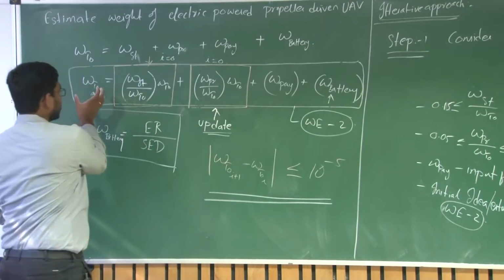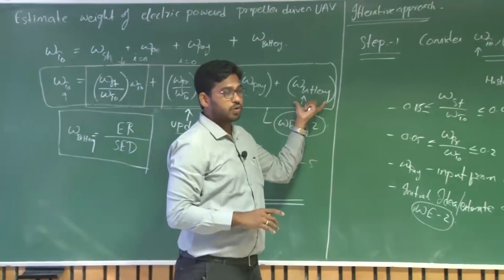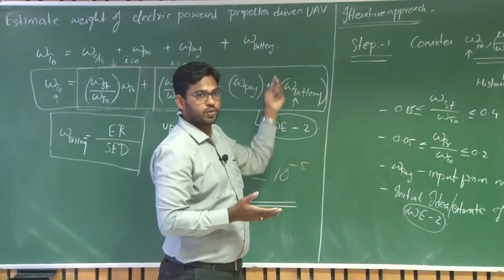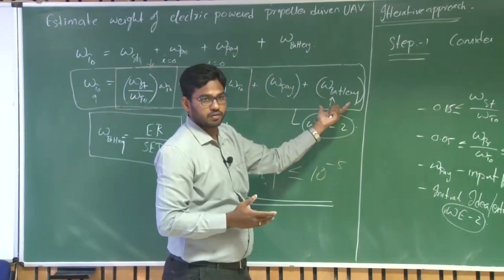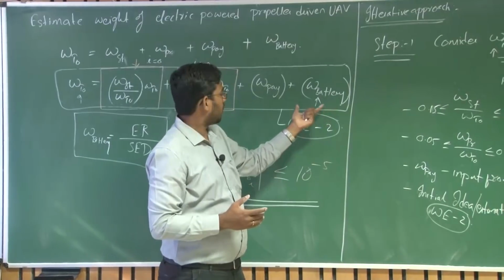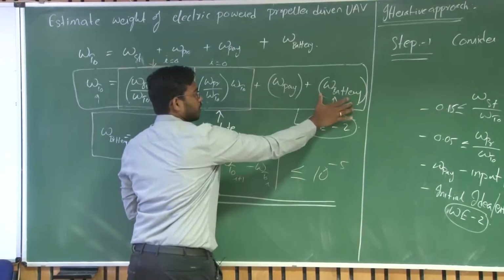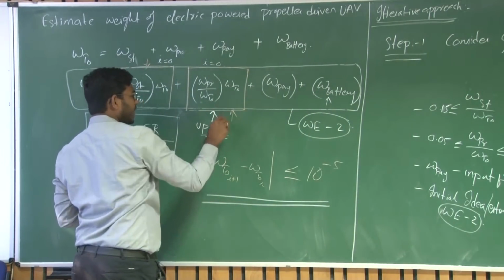The overall takeoff weight is again getting updated, right? That means you have to know what should be the corresponding battery weight or the fuel. In general, it's a fuel, but in case of electric powered propeller driven, it is a battery weight, right? So now, since this parameter is updated, you have to update the corresponding battery weight, right? Now consider or update this value.